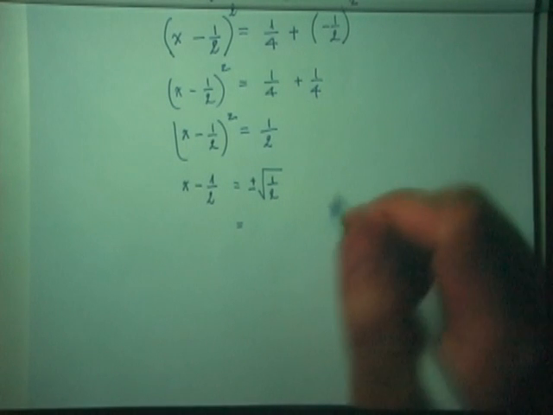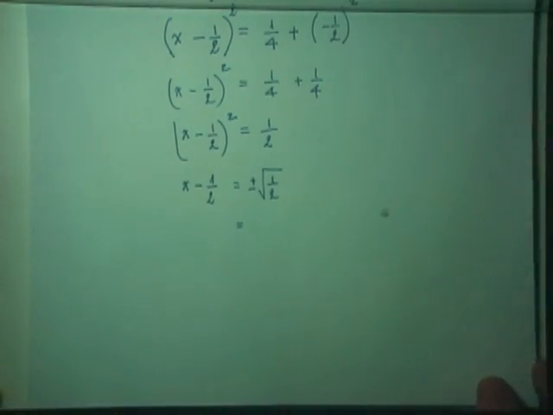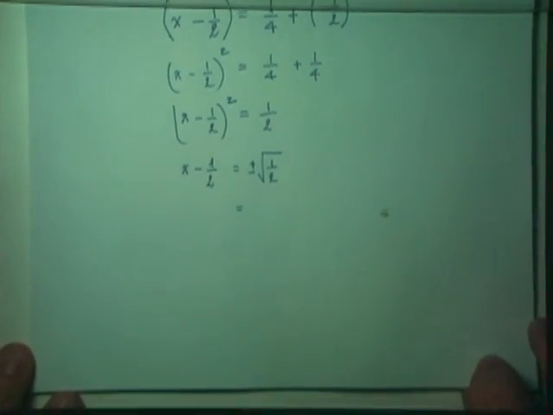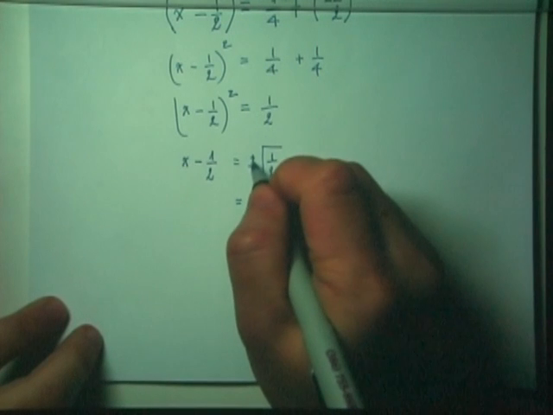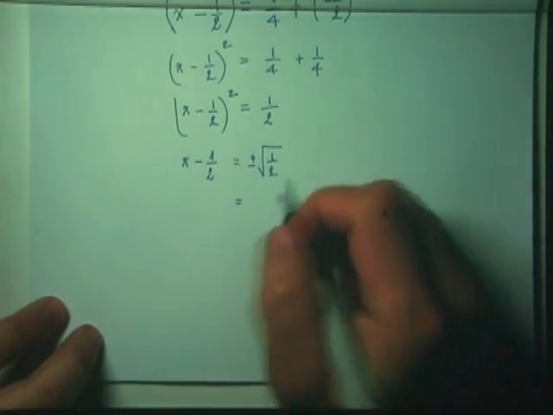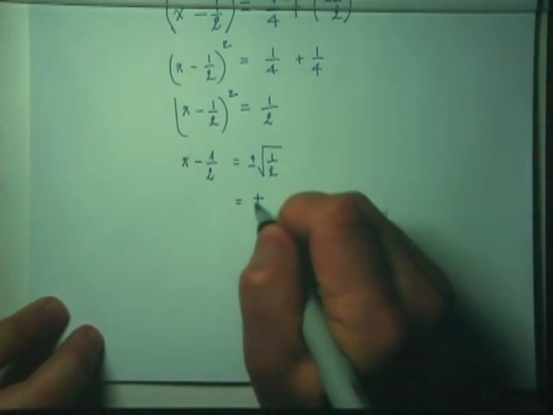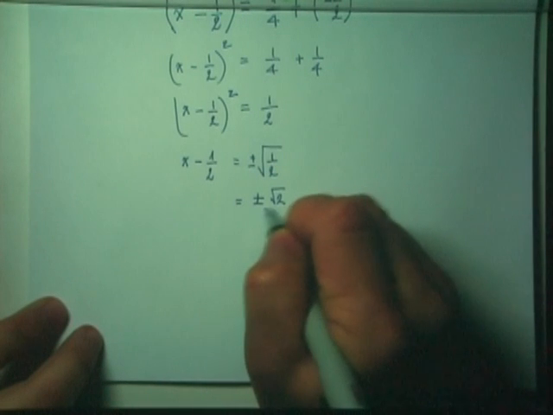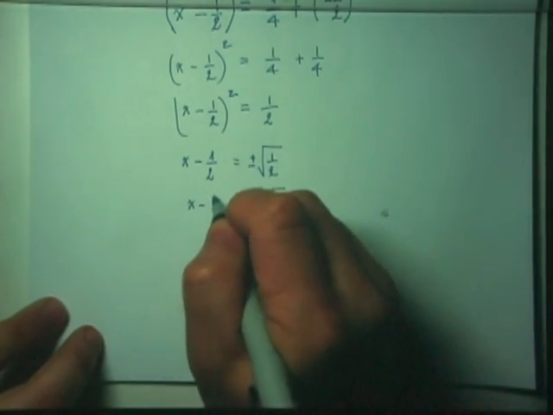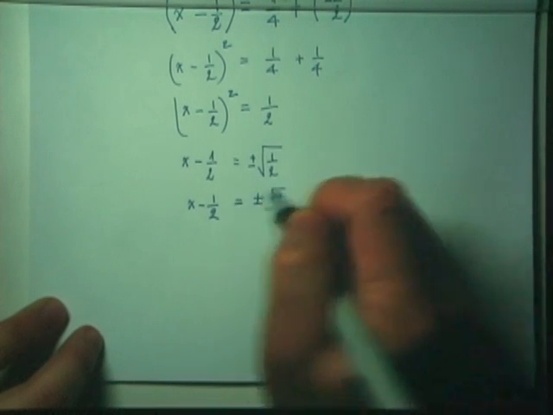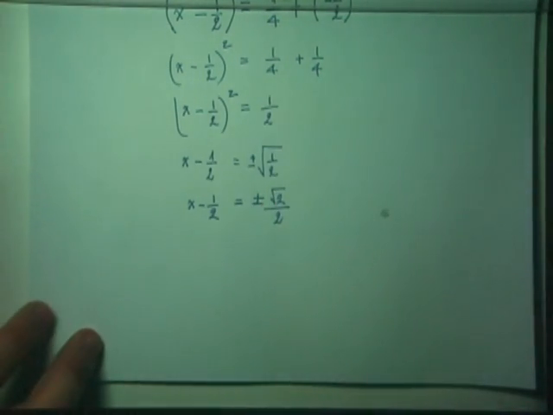So if you're not sure how to rationalize the denominator, make sure you check out my other videos, which show you how to rationalize the denominator. But here what I have is plus and minus square root of 1/2, that gets me plus and minus square root 2 over 2. And here my equation turns out to be x minus 1/2 equals plus and minus square root 2 over 2.